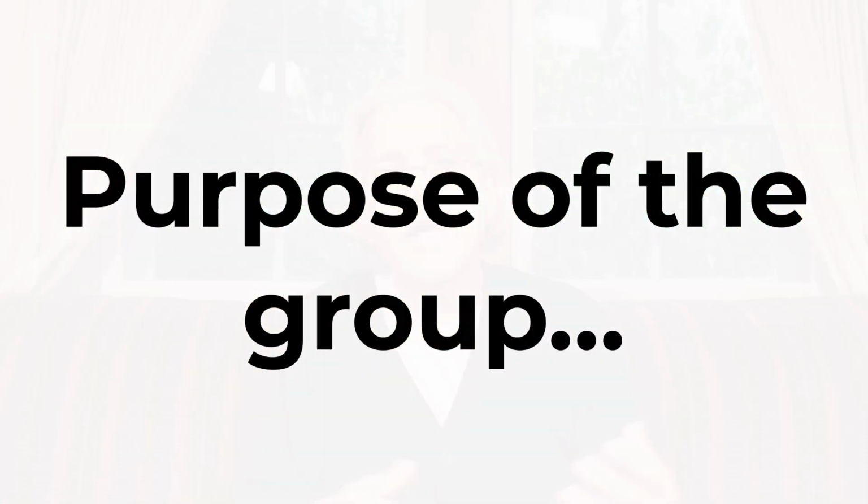Obviously, if you're looking at a classroom as a group that you want to build community with, the purpose can be and should likely be just sort of implicit in the group. They're in their class, they're in a subject area, and the overall purpose hopefully is to learn some important things and advance their education that way. But regardless, it's important to always be aware of and communicate the purpose of that group.